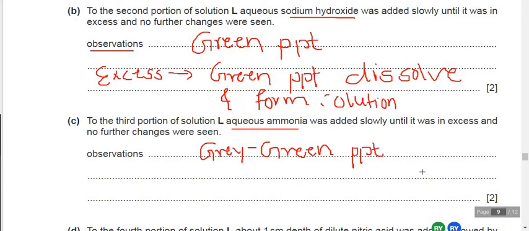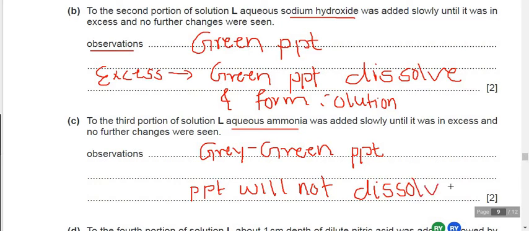And when you added excess ammonia, then there will be no change, or we can say that the precipitate will not dissolve. So it will remain as it is.